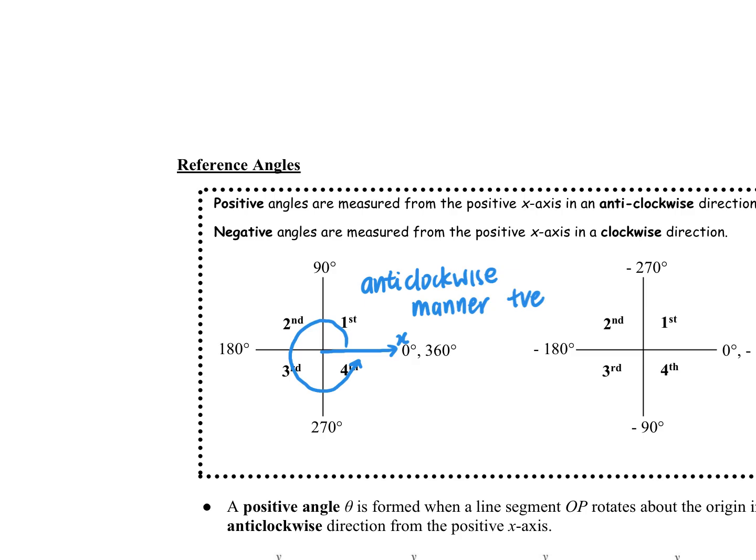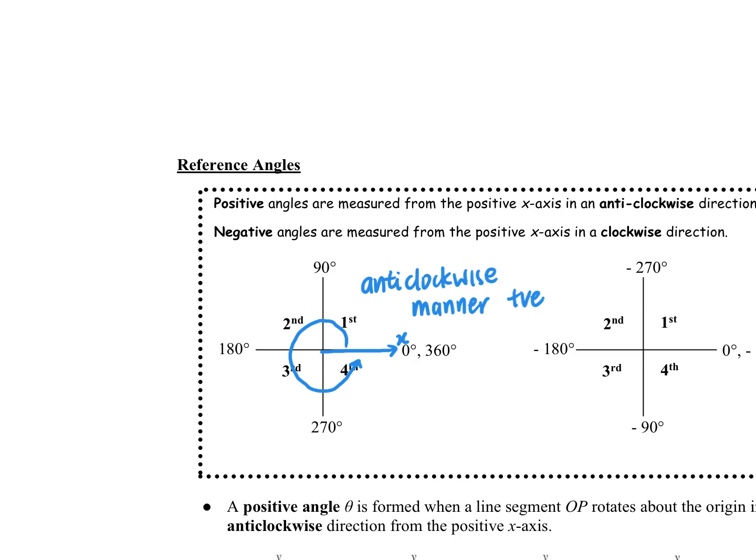This is for the positive angle. Correct, so this one is important. If I'm talking about 210 degree, I'm referring to starting from here, turn until you point to 210 degree here. It is an anti-clockwise direction. But if you decide to move in the clockwise manner, we are talking about negative angles.